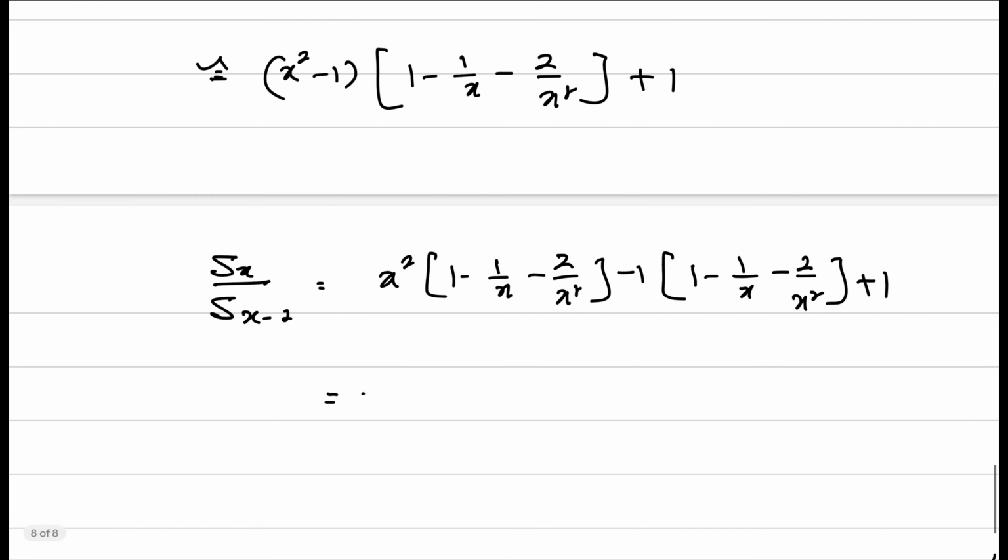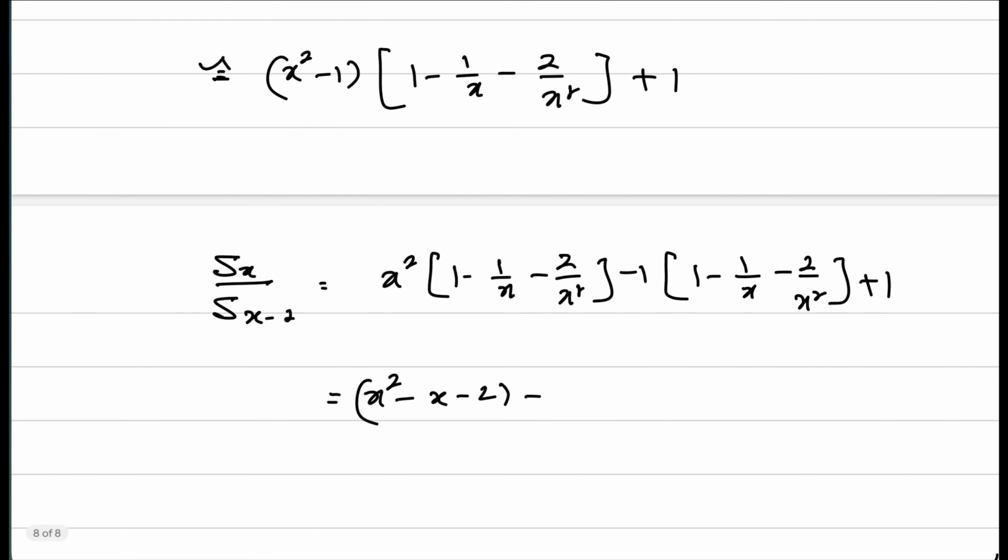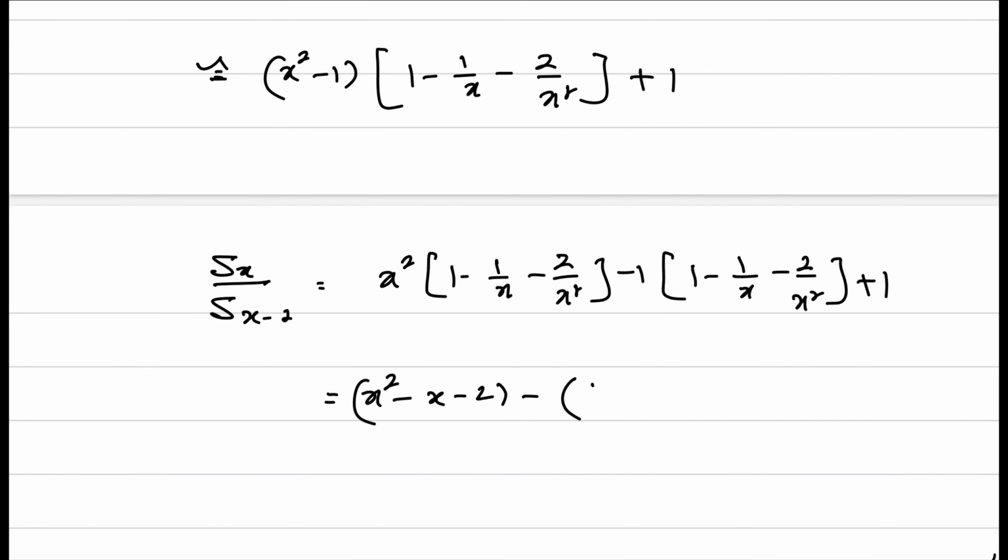That is equal to x square minus x minus 2 minus 1 minus 1 by x minus 2 by x square plus 1.